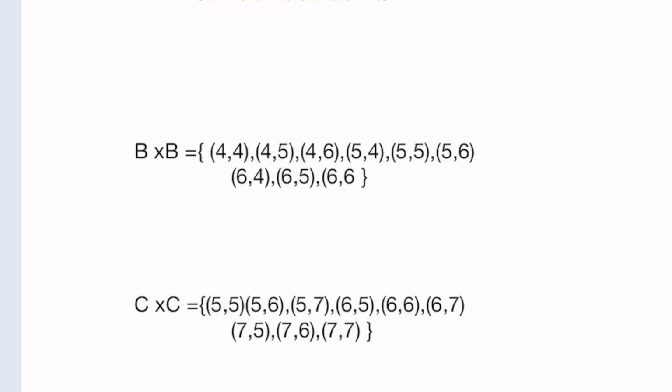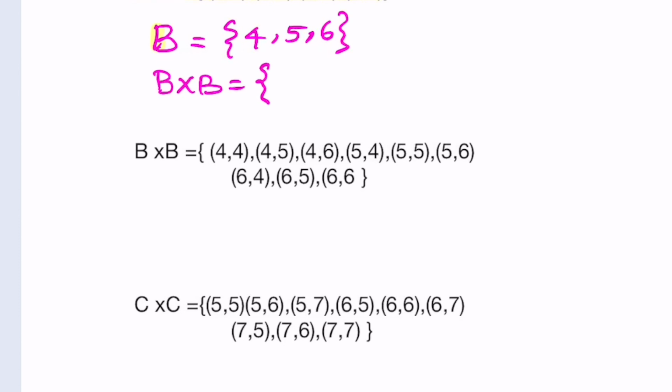Now let us go into the second side of the equation. So there we have B cross B inside the bracket. So now let us take the set B. So B is equal to 4, 5, 6. So B cross B is equal to, let us write the set twice, 4, 5, 6 cross 4, 5, 6.